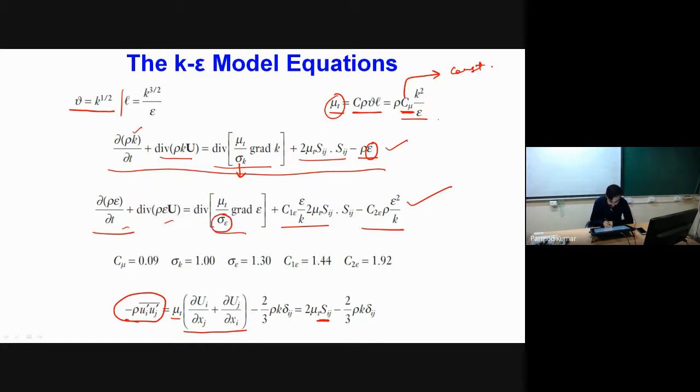Similarly, sigma epsilon is there, another constant, and in the production and destruction term of rate of dissipation, we are having some coefficients C1 epsilon and C2 epsilon. Now, we have to specify some values to these constants. So you can see all together we are having 1, 2, 3, 4, and 5 constants involved over here.